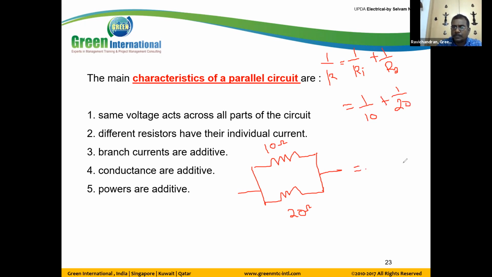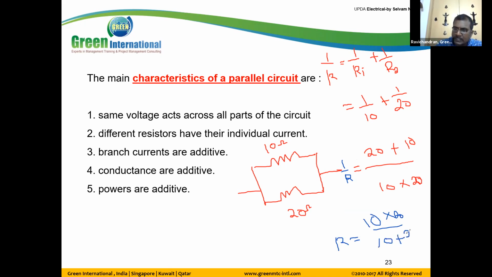So 1 by R is equal to this value, and R is equal to 10 into 20 divided by 10 plus 20.